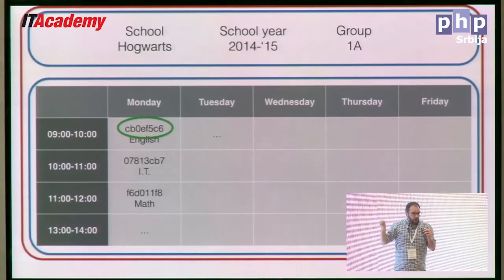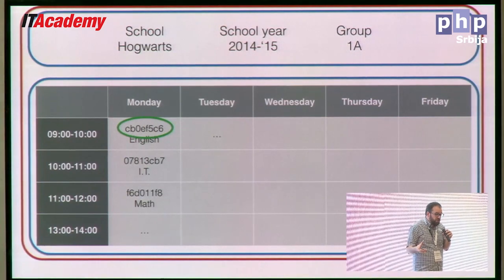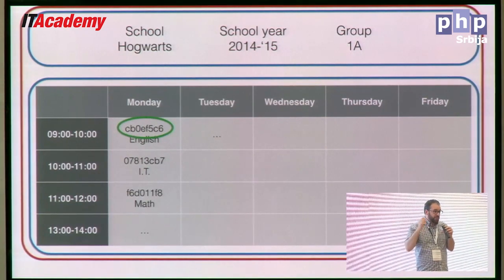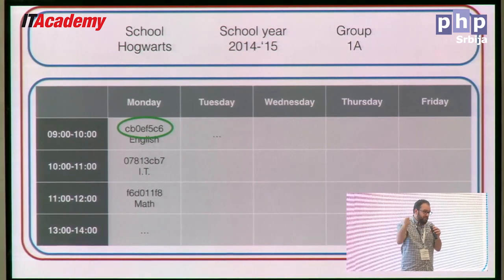So if we implement code to visualize this, to render this, the teacher name would not come from this object. We couldn't ask this object, hey, give me the teacher name as well, I need to render it. We can only ask for the teacher ID, and then we have something like a widget or an HTML helper that knows how to map UUIDs to teacher names.